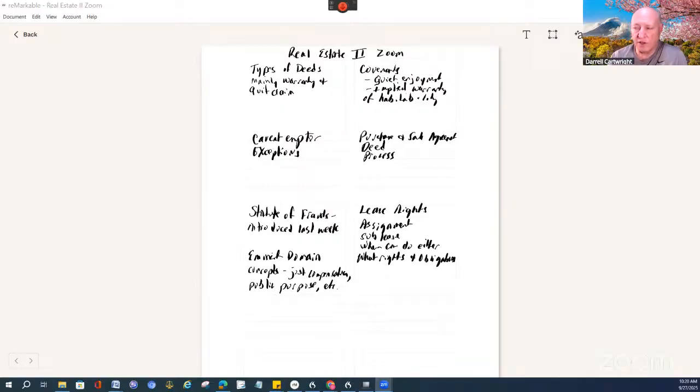What they can do is look at property and say, we have a valid purpose for the public that will serve the public good. And unfortunately for you, your property is part of that property that we need in order to serve the public good. Now, they can't just take it, but that's step one.